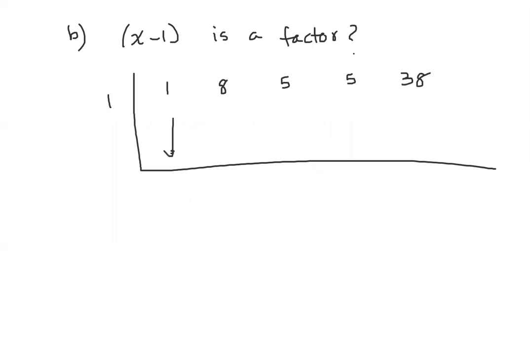So put 1, 1, 9, 9, 14, 14, 19, 19. Nope, we are not getting 0. So x minus 1 is not a factor.